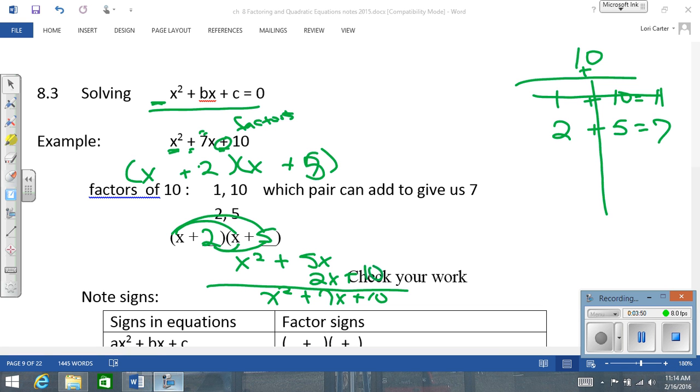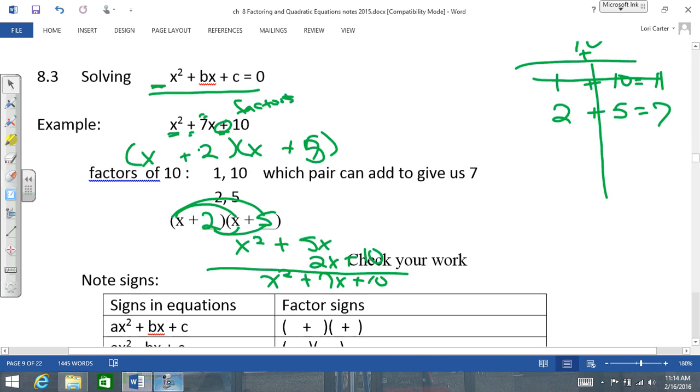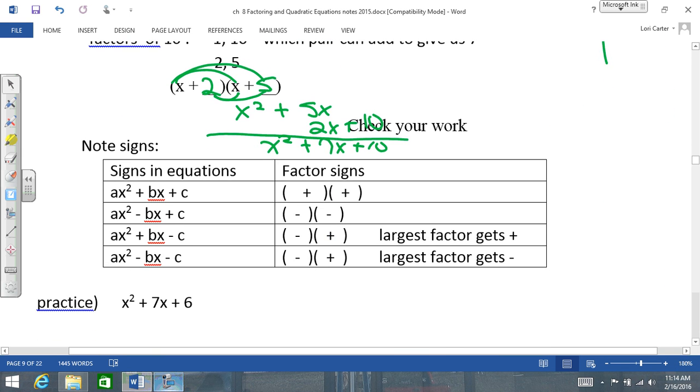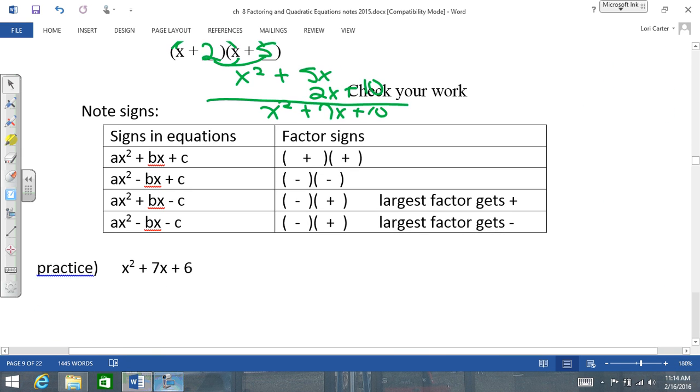Okay, now what this does is these two signs tell you what to do. Let me show you why. Remember, the factors here give you here. So the factors of the last one give you this one. This tells you what you're doing with your factors. So I'm adding them in this case, and they have to be positive.